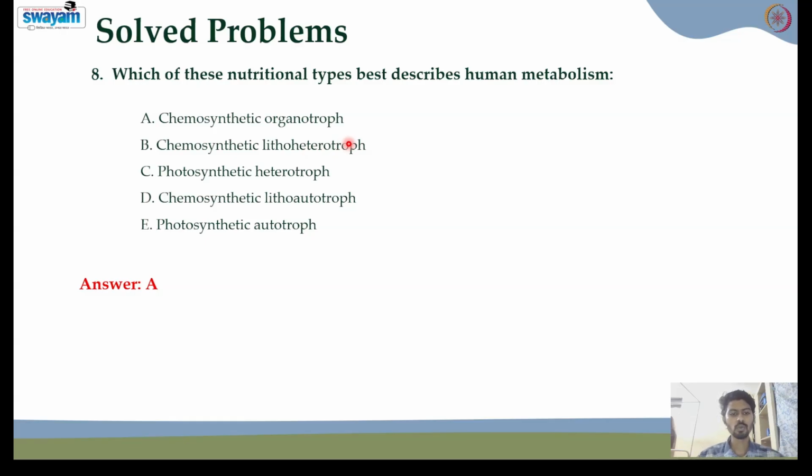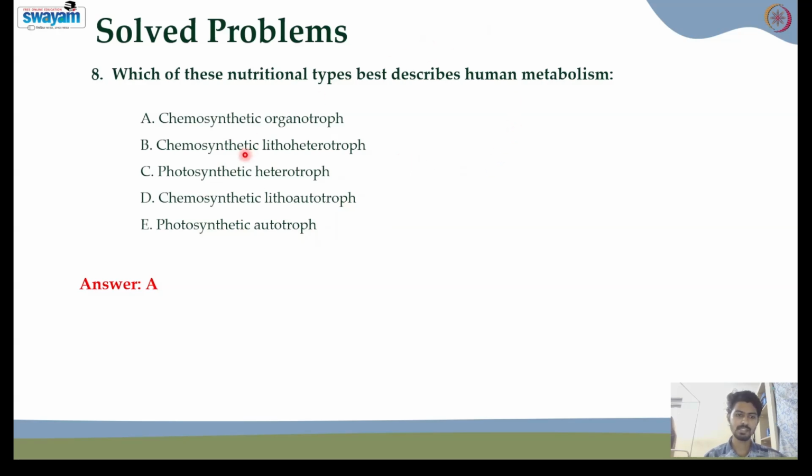Next option is photosynthetic heterotrophs. So plants perform photosynthesis, right? Humans do not perform photosynthesis. So obviously options C and E are eliminated because they perform photosynthesis, while humans do not.